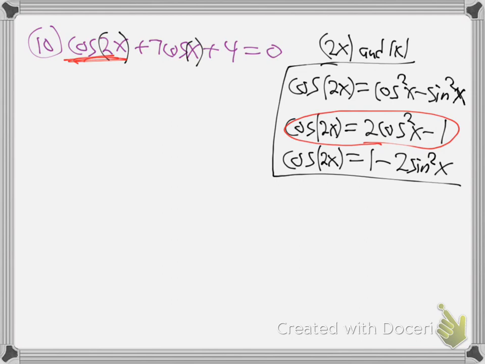Either of the other two have sine in them, and I don't want to mix in sine with cosine. Everybody see why I'm choosing that one? For other problems, I might choose differently. It just depends on what I have at the moment. So I'm going to replace cosine 2x with 2 cosine squared minus 1.